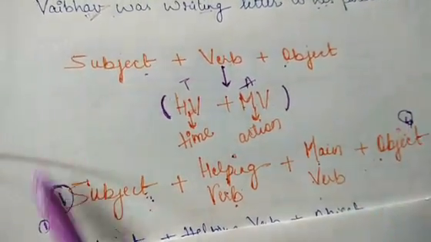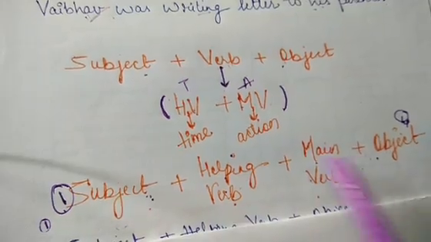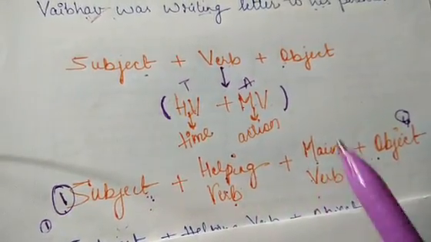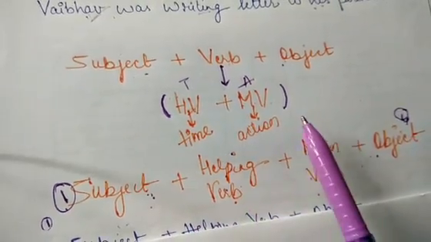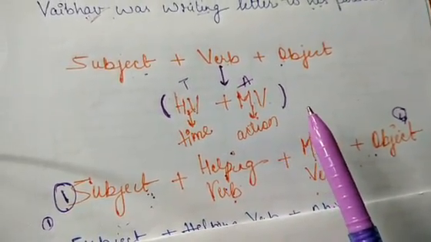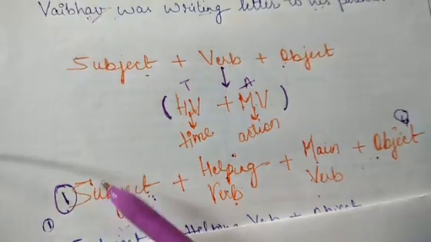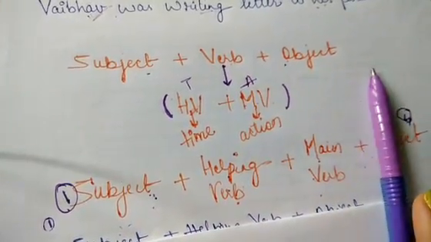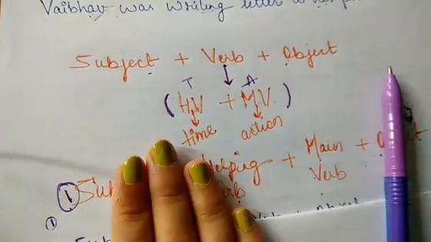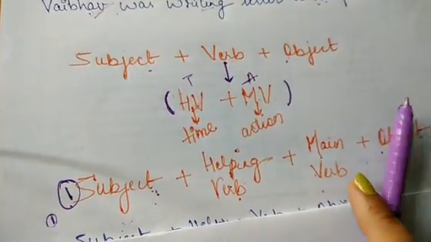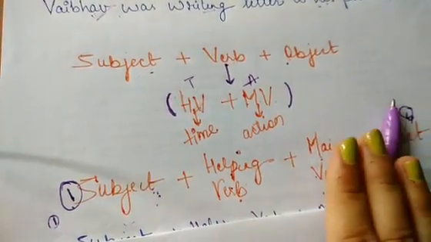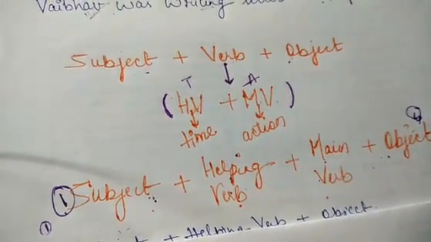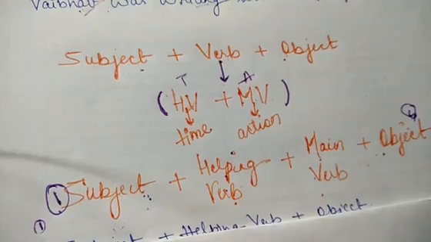This is only the basic elementary part that a sentence should have 4 entities or 4 parts. But any sentence can have 3 parts. It can miss subject, it can miss helping verb, it can miss main verb, it can miss an object also. It can miss even 2 things. It can miss these 2 things, it can miss these 2 things. How and why, we'll consider and study in the coming lessons.